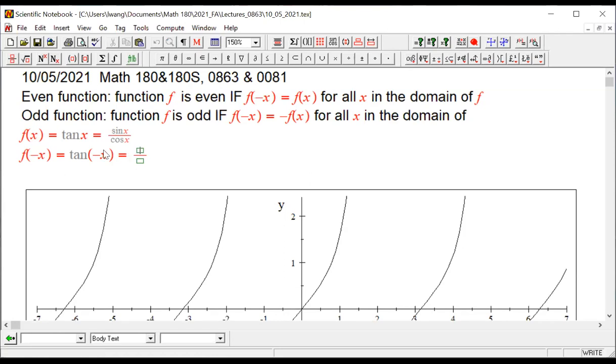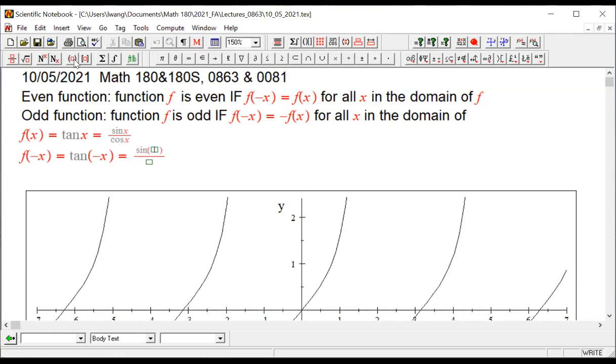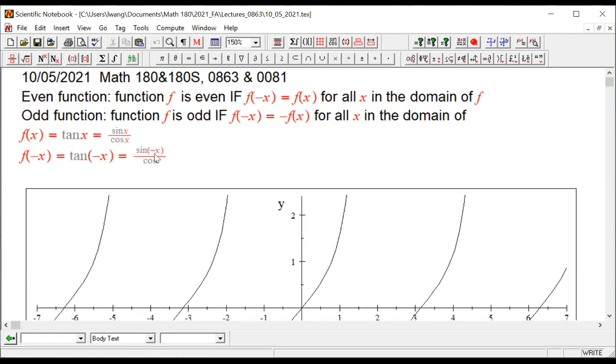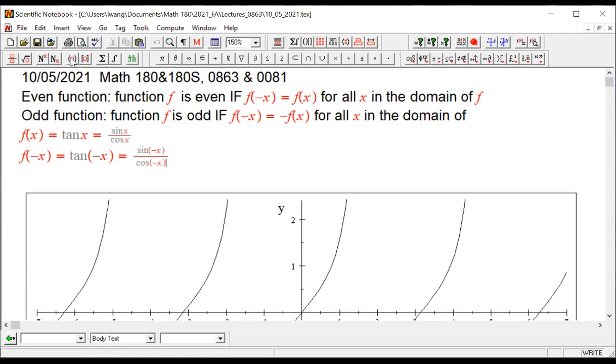Okay, so the tangent of negative x is going to be sine of negative x over cosine of negative x, right? And now sine is odd. Odd means it's a negative sine x.